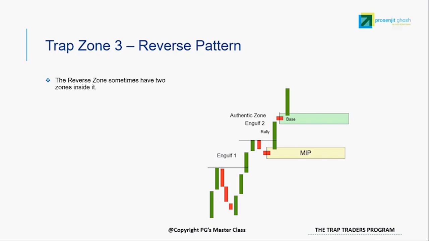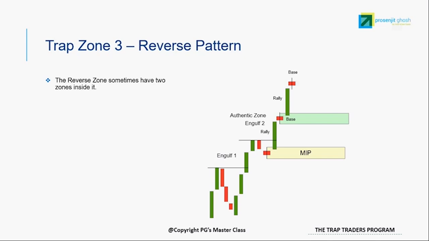Once the authentic zone is there, thereafter what happens, sometimes in a reverse zone we find two zones. I mean, a reverse zone can further be divided into two zones. What are those?